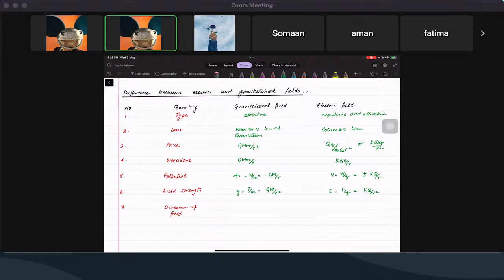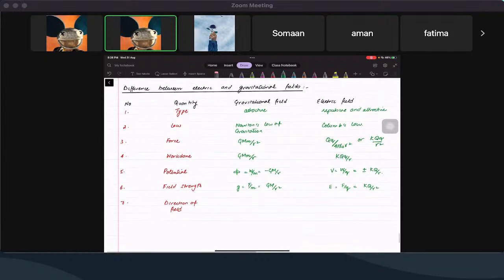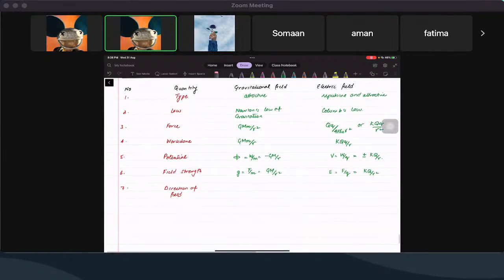Then comes the direction of field. Direction of field is basically determined by the path taken by a unit stationary mass placed in the field, and in this one it is the path taken by a unit positive charge when placed in the field.